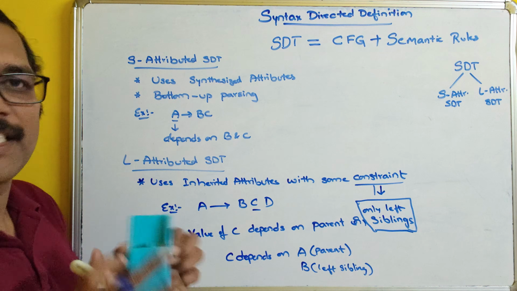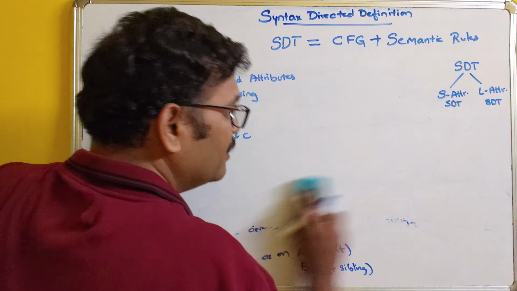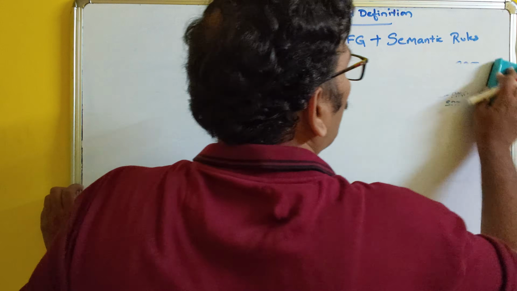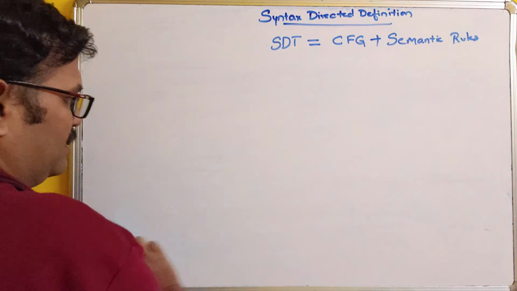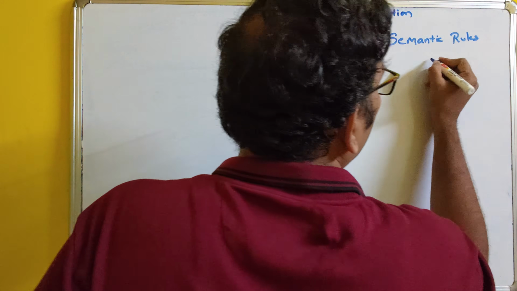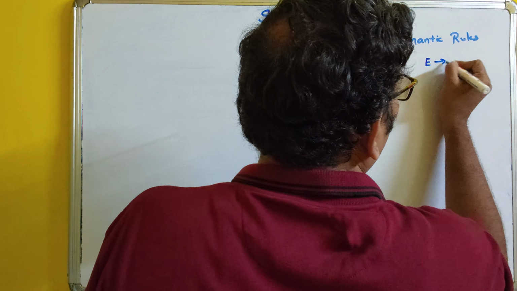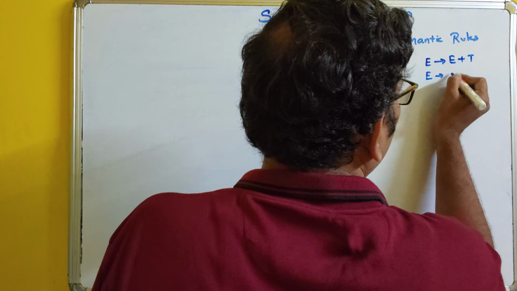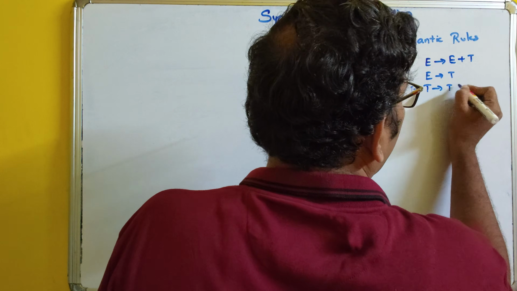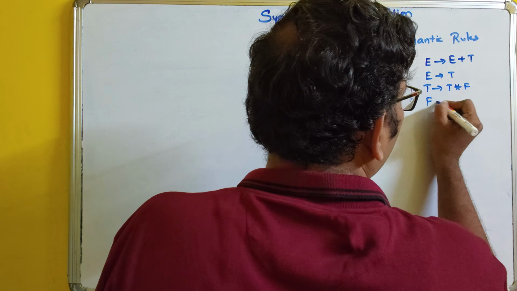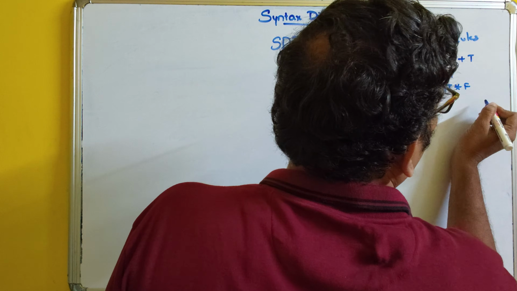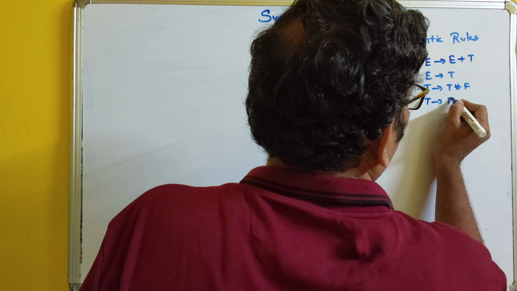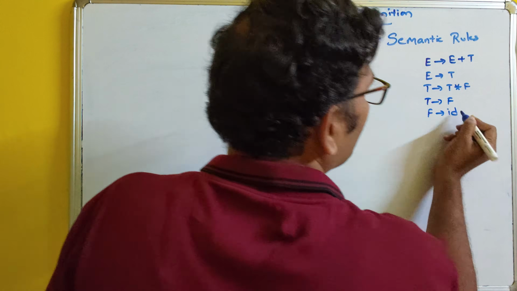Now we'll see one parse tree, and let me explain the improvised parse tree. What is a parse tree? I'll write here the productions. E tends to E plus T, and E tends to T. T tends to T into F. T tends to F, and F tends to ID. So these are the productions.